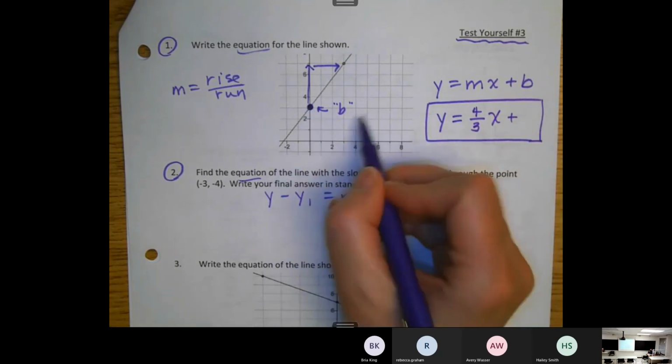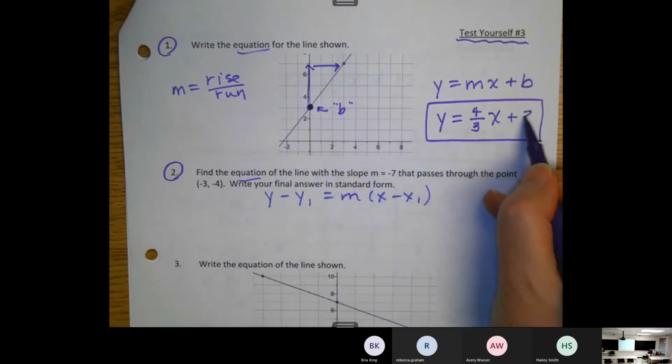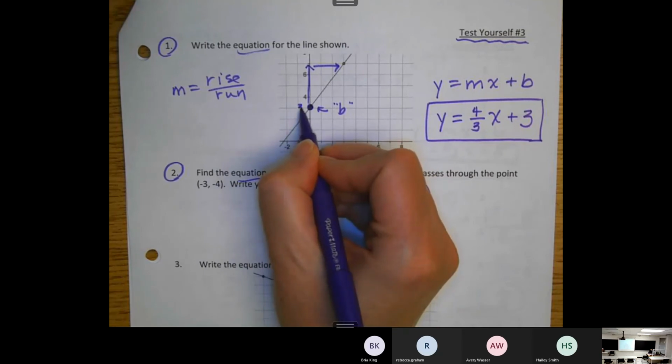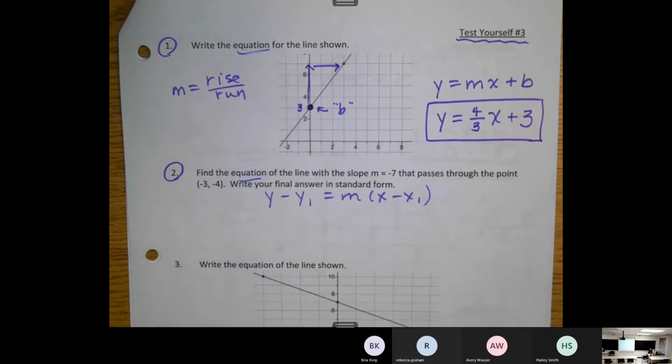See that point right there? Looks like it's halfway between the 2 and the 4, so it must be at 3. y equals 4/3 x plus 3. If you need any help with that number 1 there, just let me know. Otherwise, try number 2 if you haven't already.